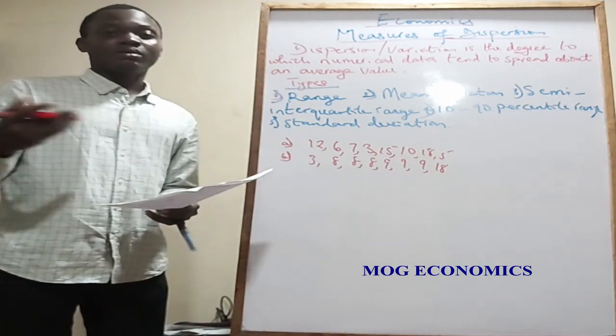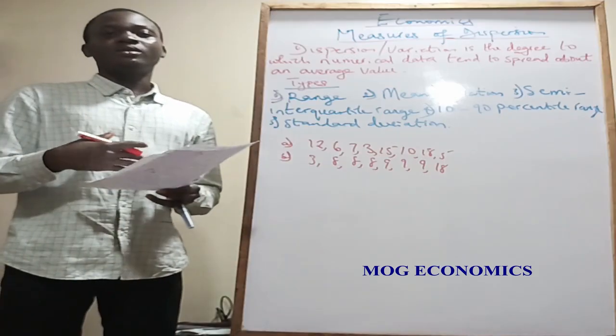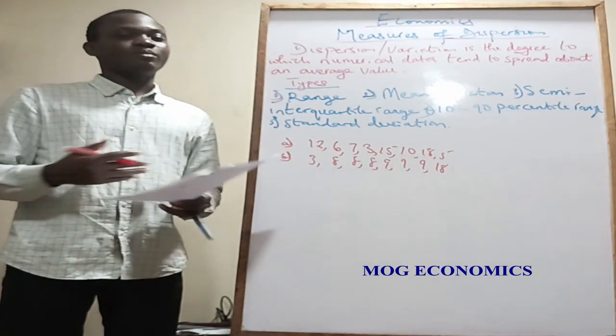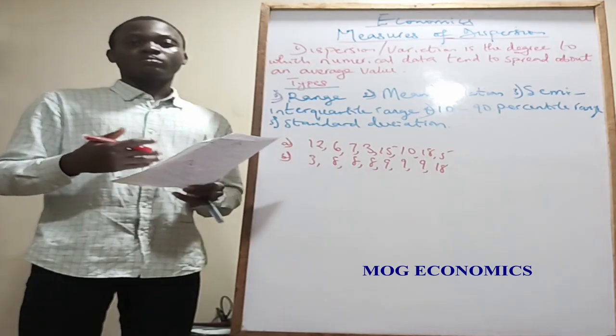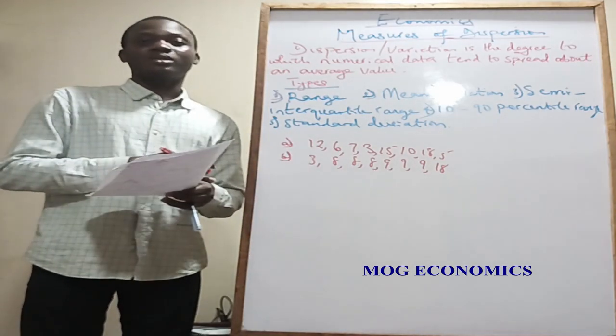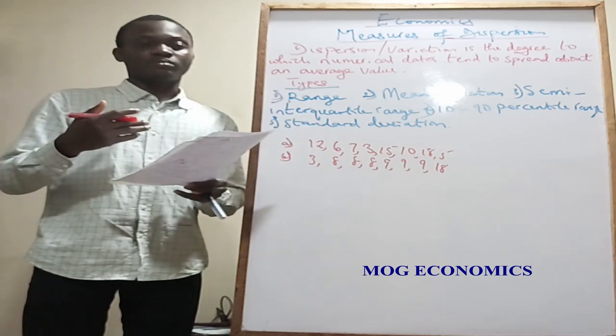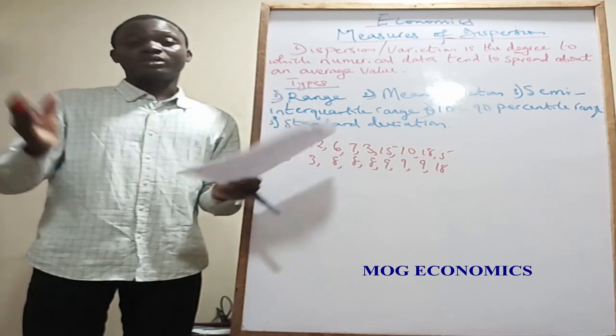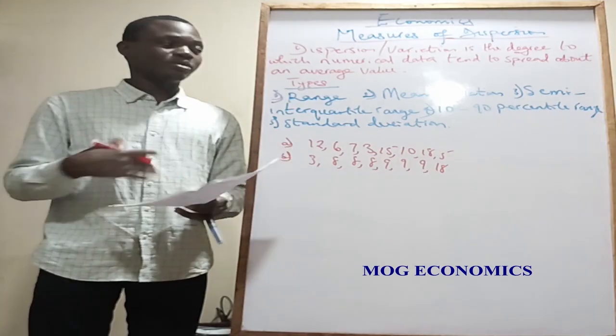So you need to eliminate outliers from your data sets for your mean to be representative of the given set of data.